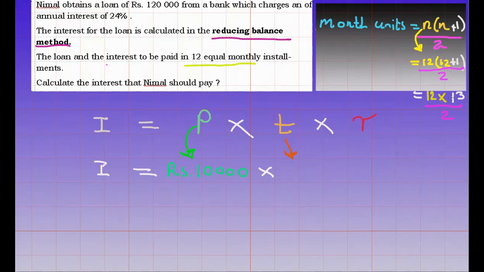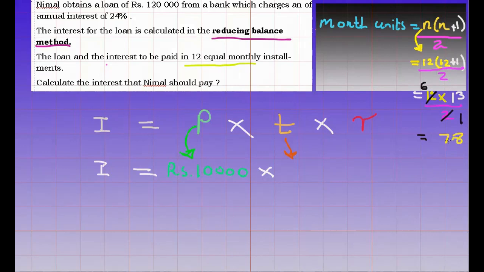Yes, we can cancel. 2 has one 2 and 12 has six 2s. All right, so what do we get now? 6 times 13. So how many month units? It is 6 times 13, which is 78 month units.